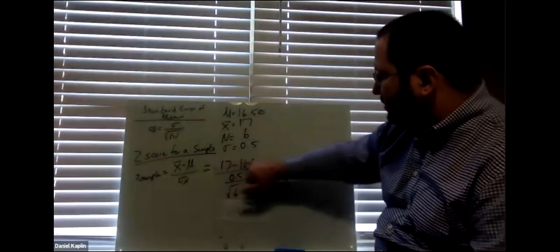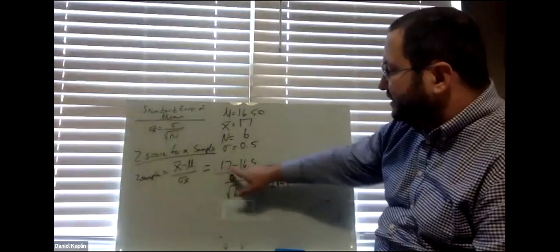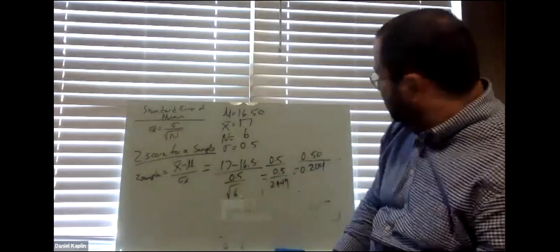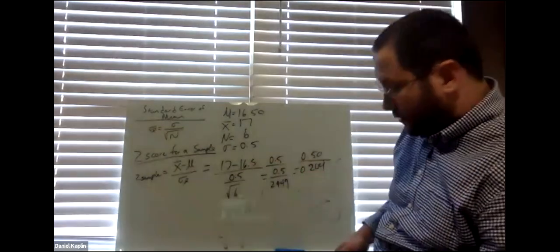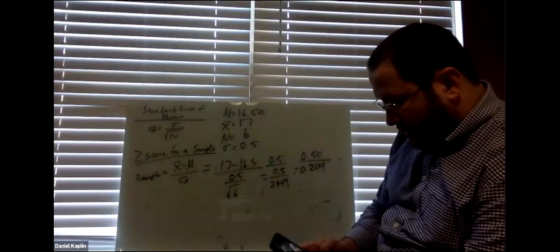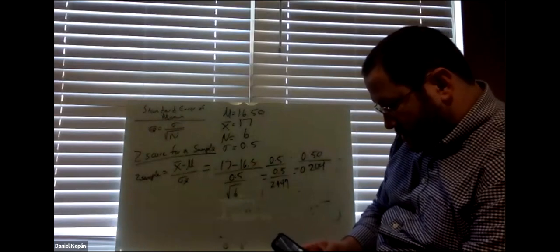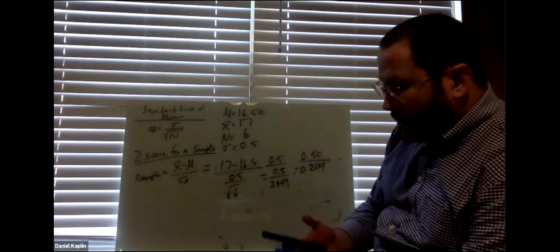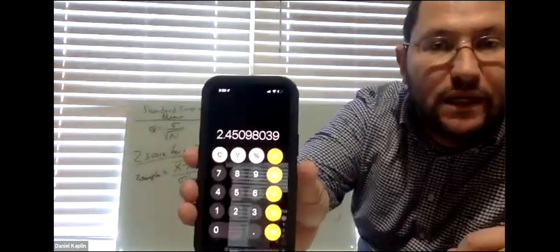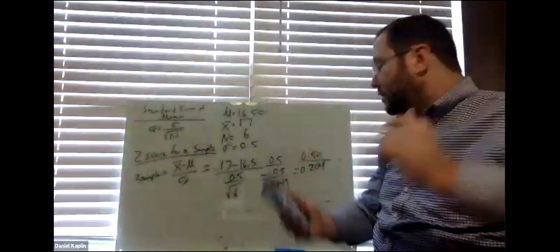Our numerator, we still didn't carry across, right? 17 minus 16.5 is 0.5. So what is 0.5 divided by 0.204? We'll calculate that. The z-score for the sample is going to be 2.4509, so we're just going to say z equals 2.45.